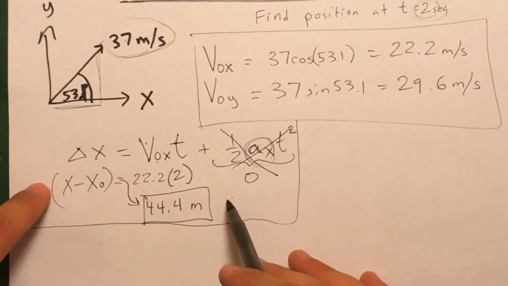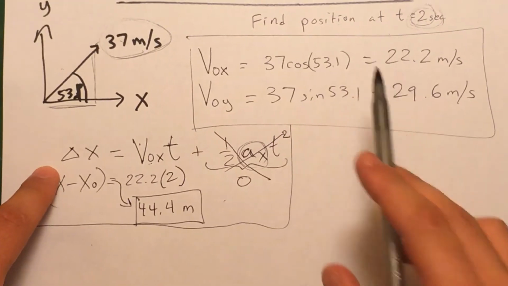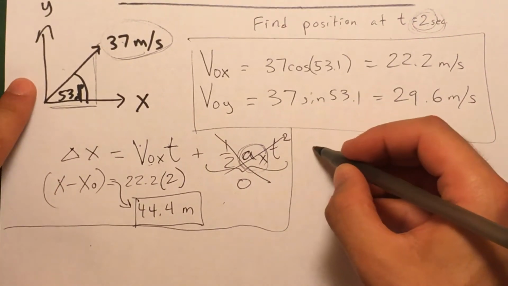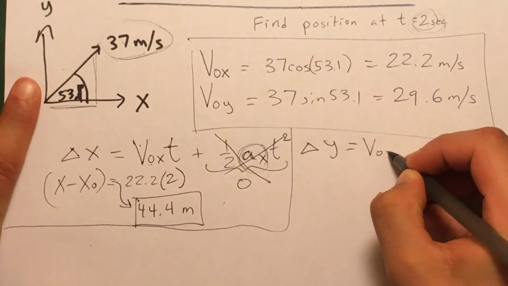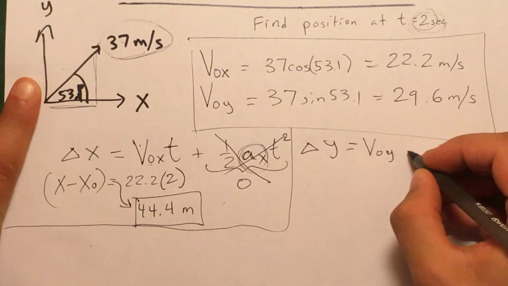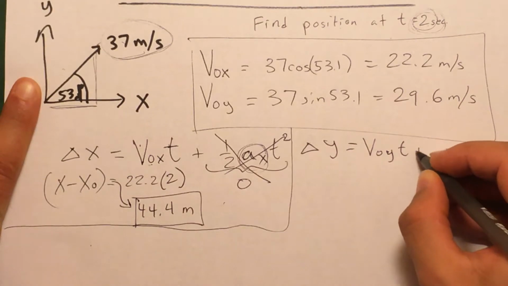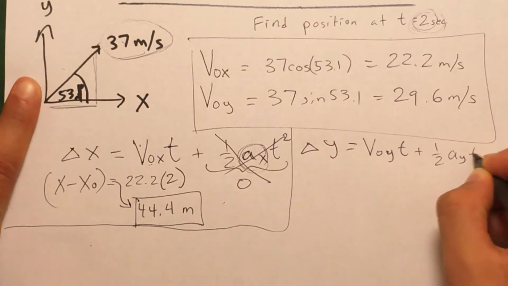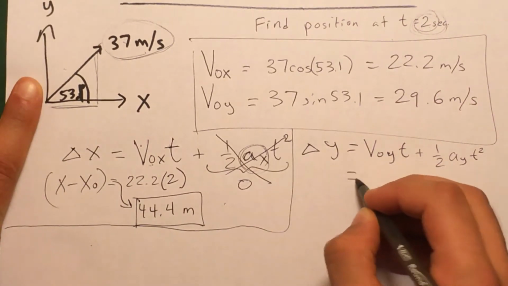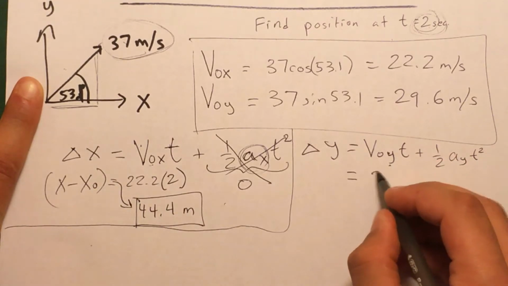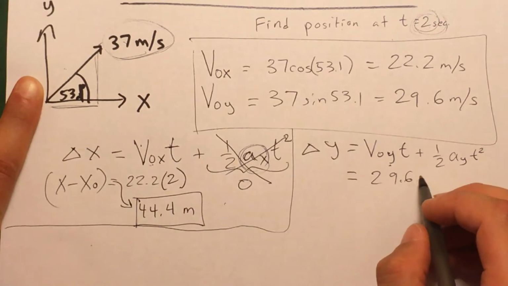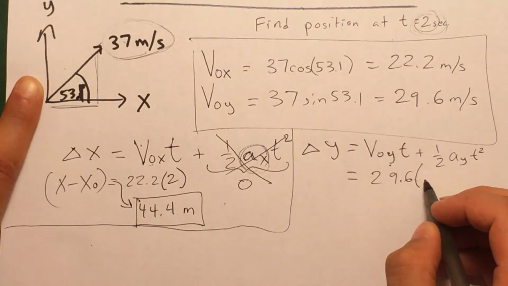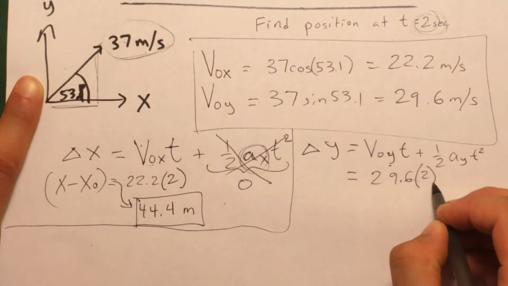Now we want to find the y position after 2 seconds. Same thing, except now delta y is equal to v naught y times time, plus a half a y t squared. The initial y velocity we said is 29.6 meters per second, multiplied by time, which is 2.